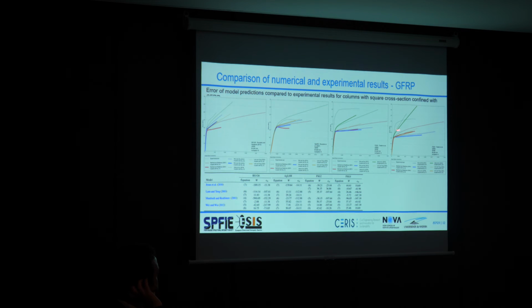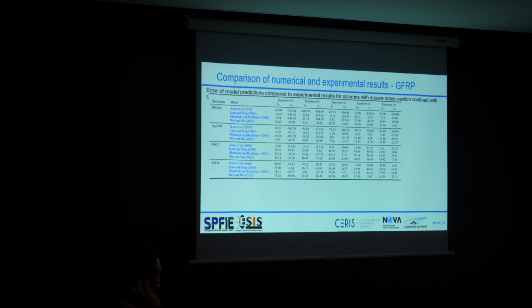In the other cases, we have very different behaviors, and that could be seen here in the table, where you can find errors of, for example, 400% of error. That's a lot. 400, 700. That totally is not in agreement with the experimental test.